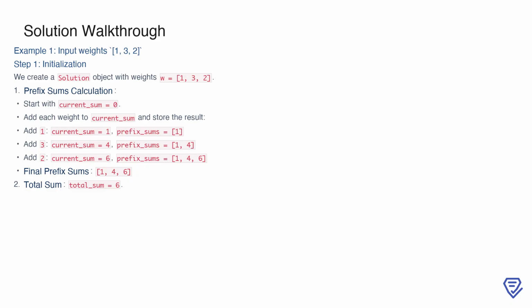For the second weight, we add 3, bringing current_sum to 4 and updating prefix_sums to [1, 4]. Finally, we add the last weight, 2, resulting in a current_sum of 6 and prefix_sums of [1, 4, 6]. This means the cumulative sums of the weights are 1, 4, 6. Additionally, we store the total sum of the weights, which is 6 in this example.